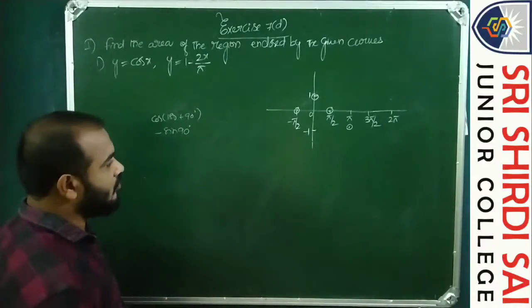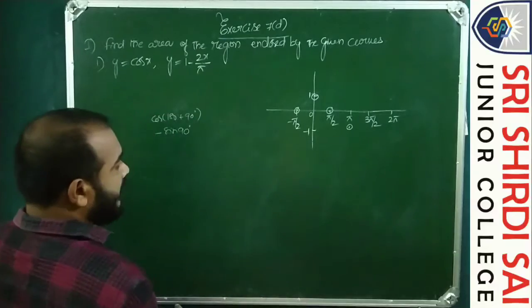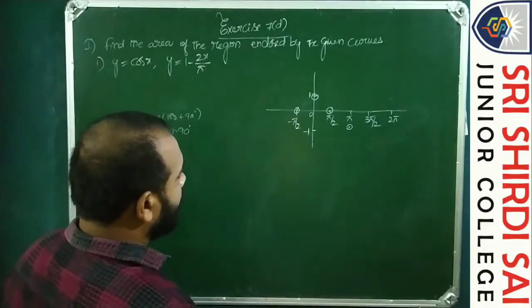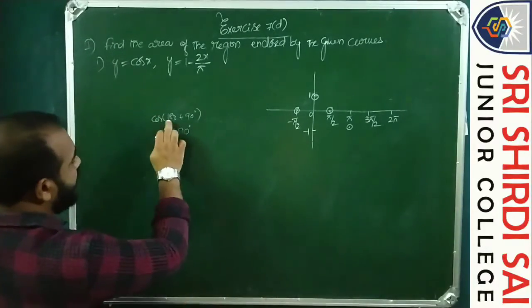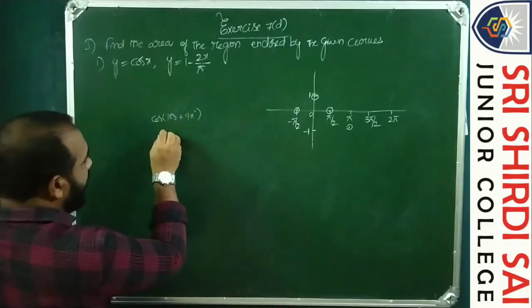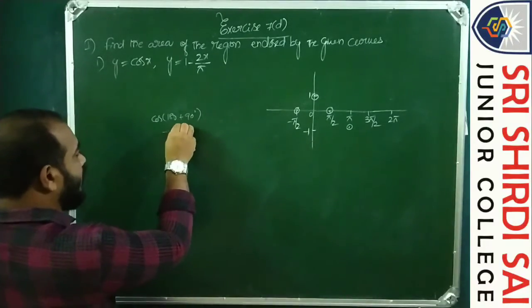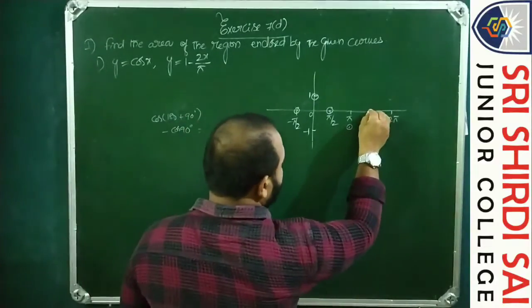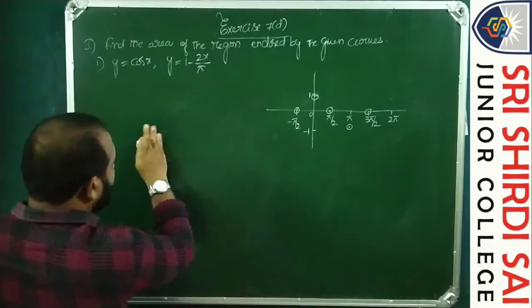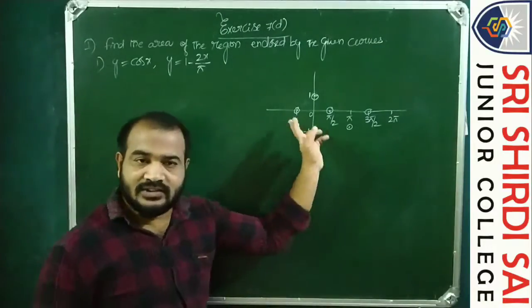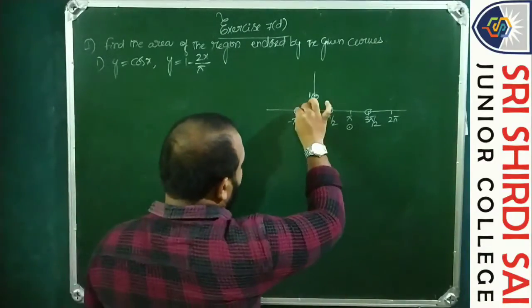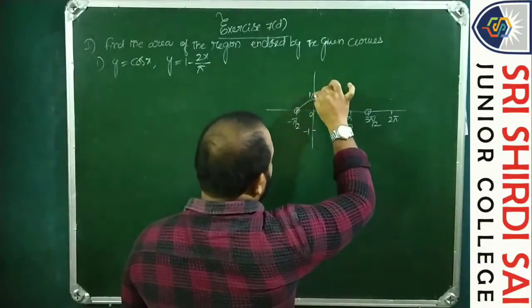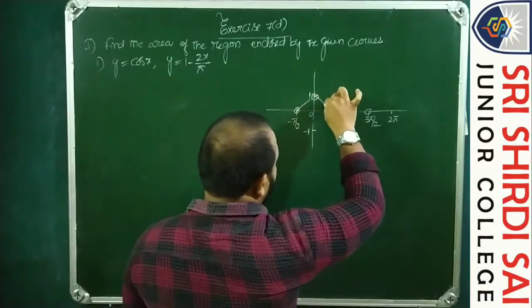Minus cos 90 is 0. So this is how cos x looks. Now if I try to draw the diagram, it will be this.